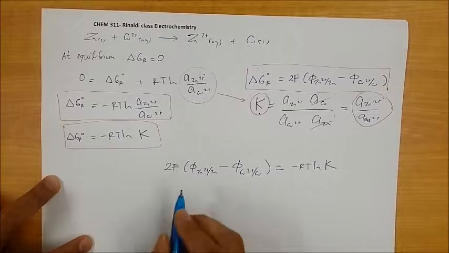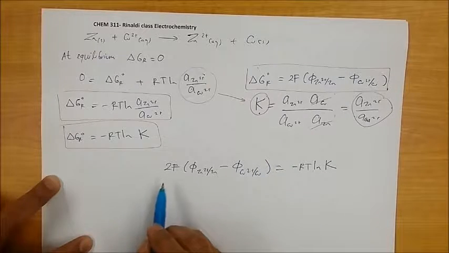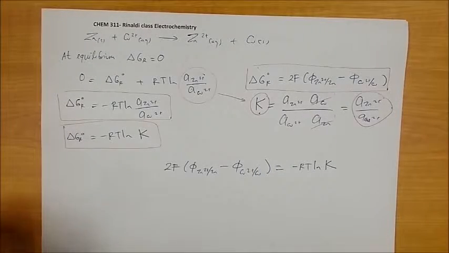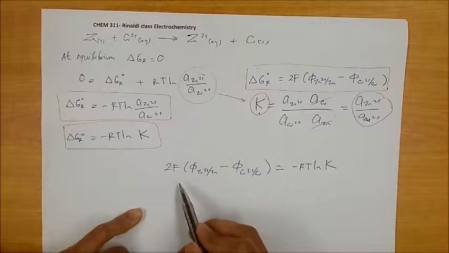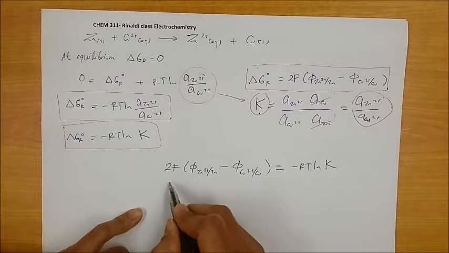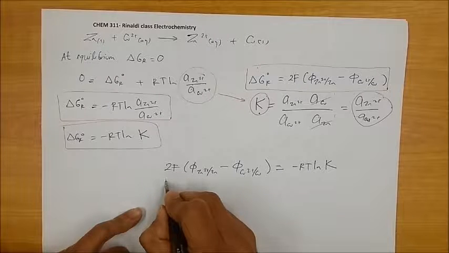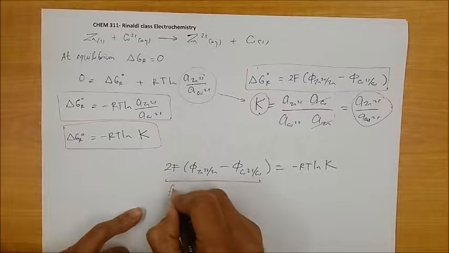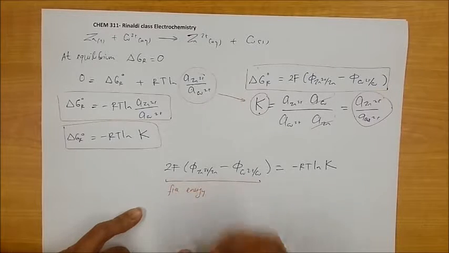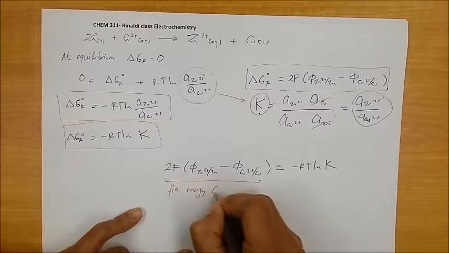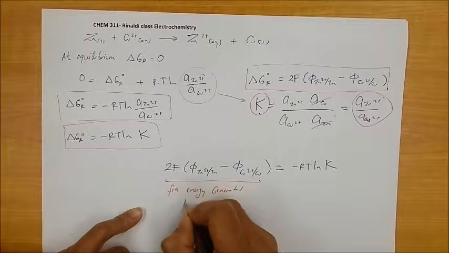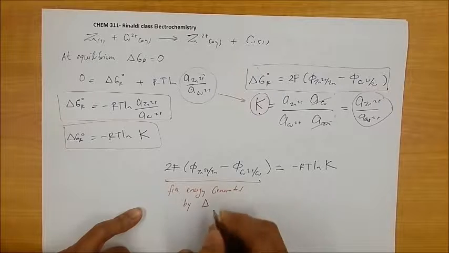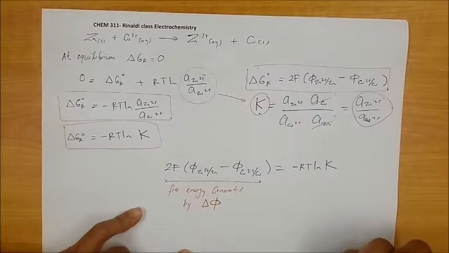This means that you have reached equilibrium, because this is the free energy generated by having a difference in electric potential, the driving force for electrons.